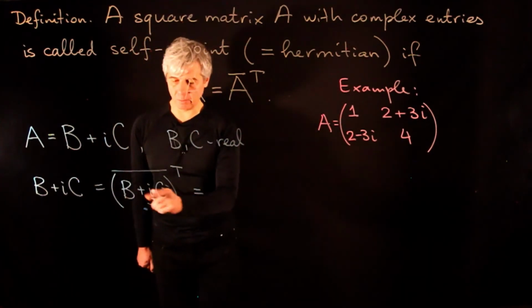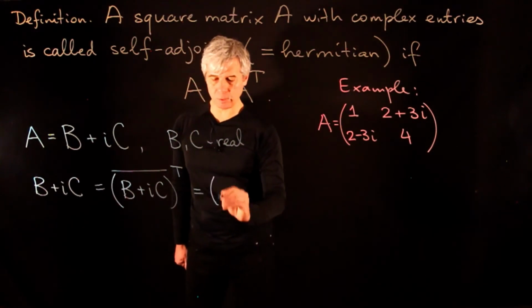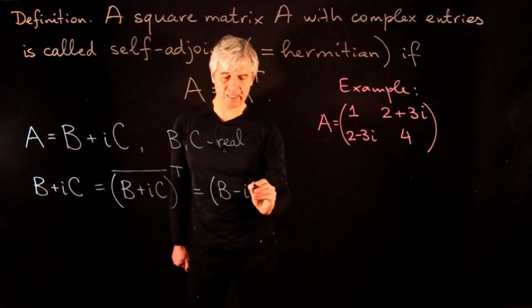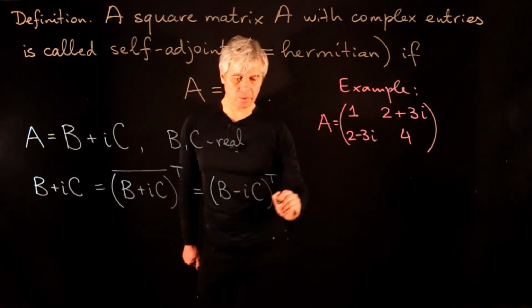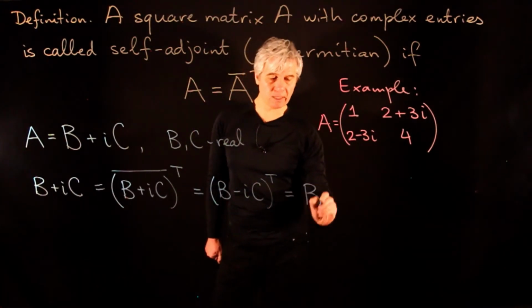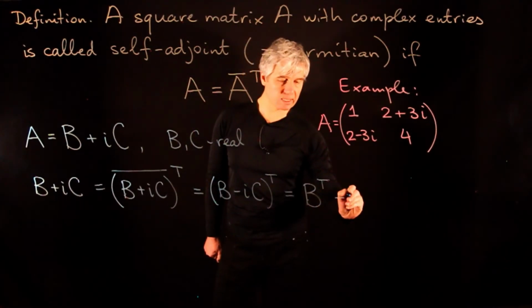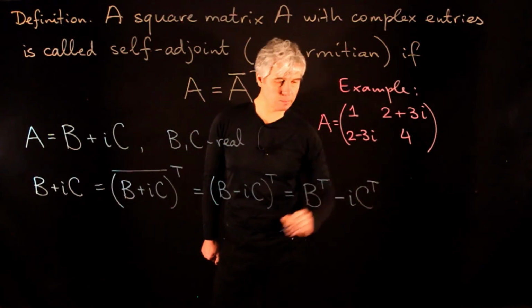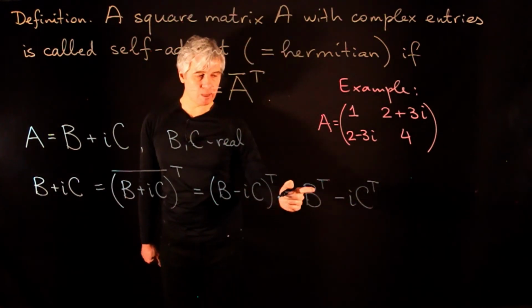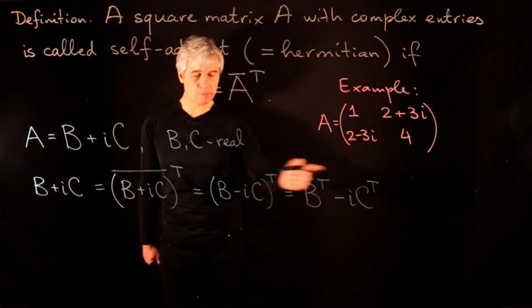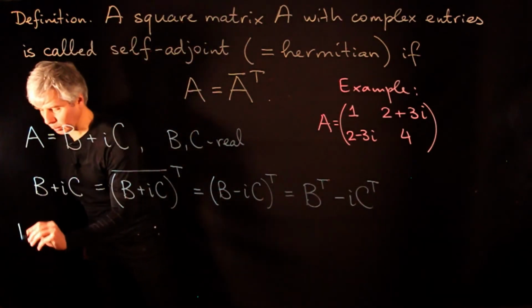When we take the conjugation, this becomes B minus iC. And when we take the transpose, we get B transpose minus i times C transpose. Now, comparing the real parts and imaginary parts, we get the following lemma.